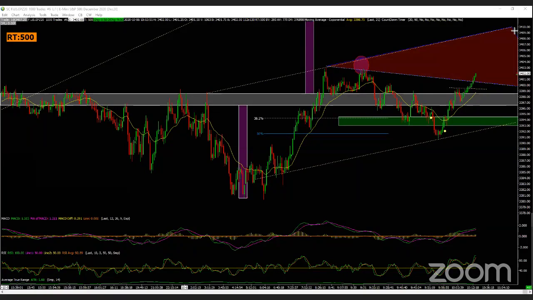Now we're doing a good job at defending, right? That would have been a very nice trade. Very nice trade this morning.